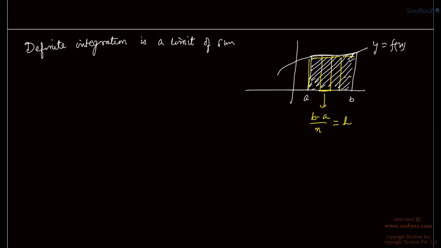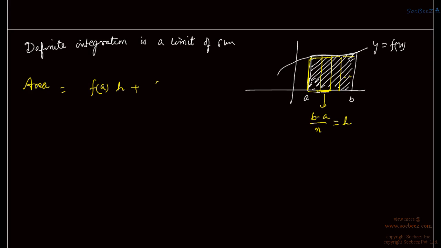So the area is the sum of f(a) into h, because h is the breadth of the rectangle, length is f(a) and breadth is h.